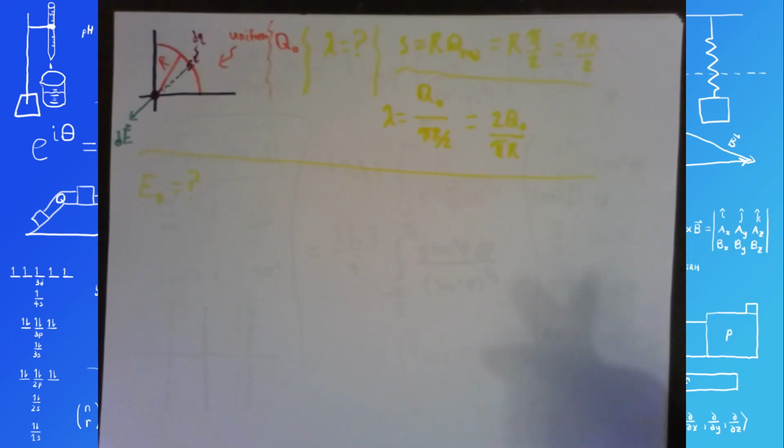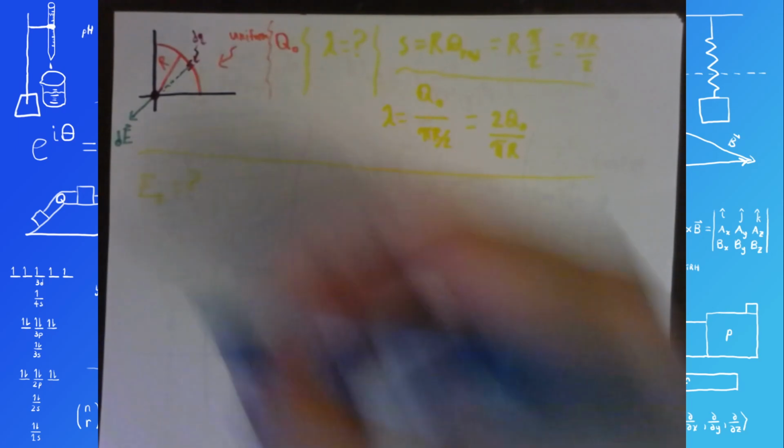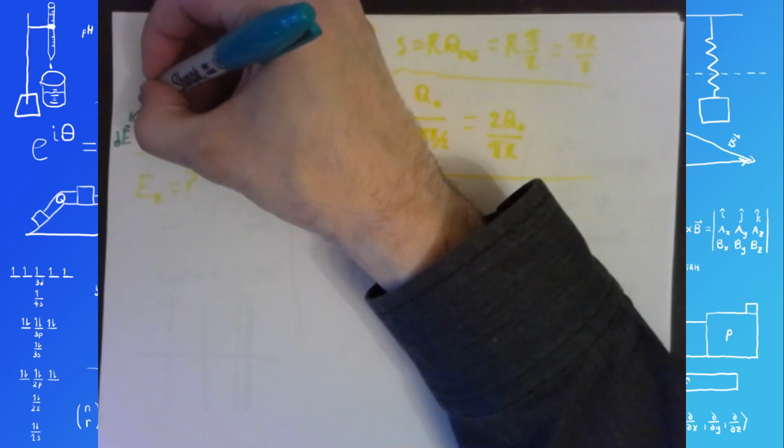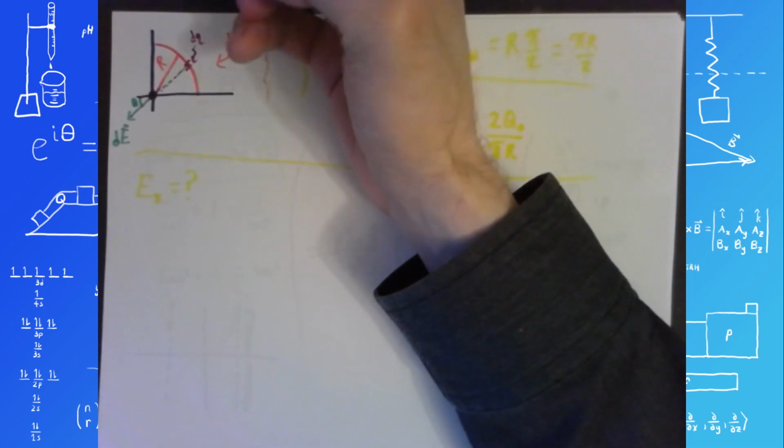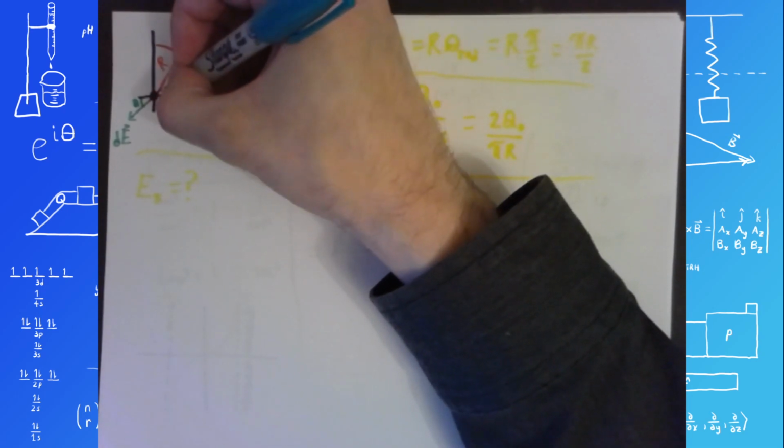Okay, and we want the x component of that. So for the x component, if I define this angle to be theta, then that's the same angle as this right here.